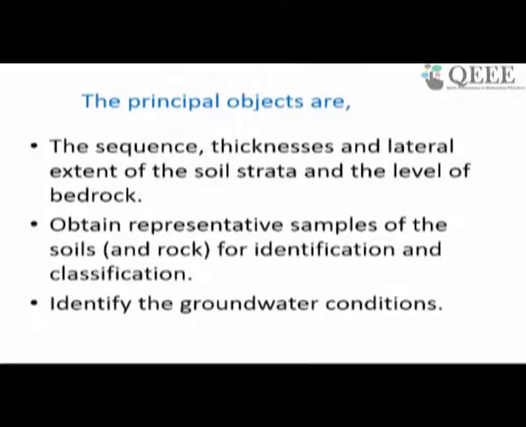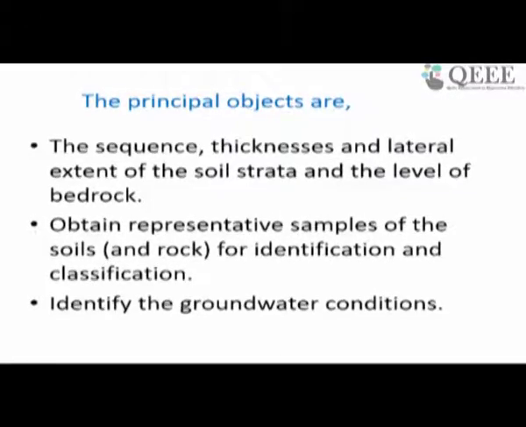As we mentioned, there are three principal objects of site investigation. First is the sequence, thicknesses and lateral extents of the soil strata, and the level of bedrock. The second is the representative sample.